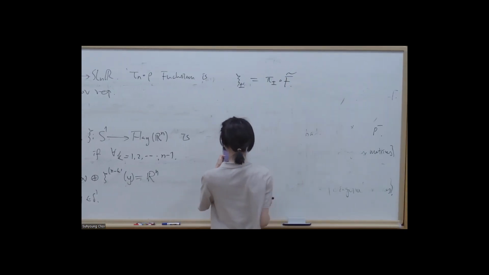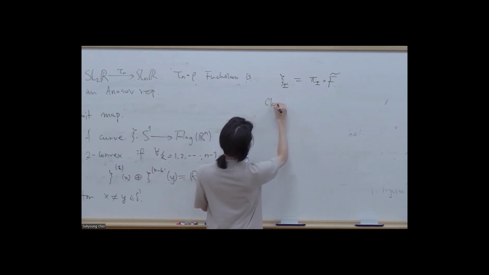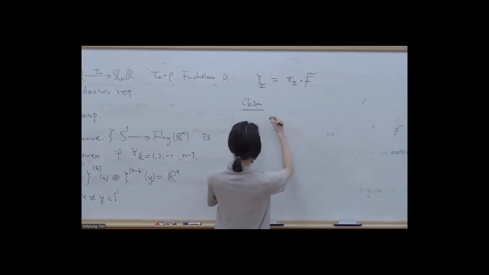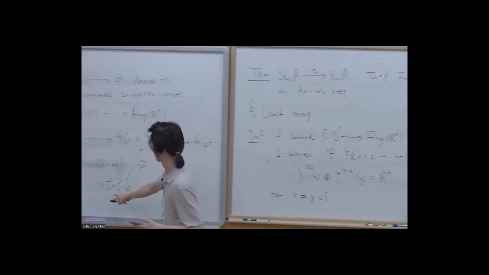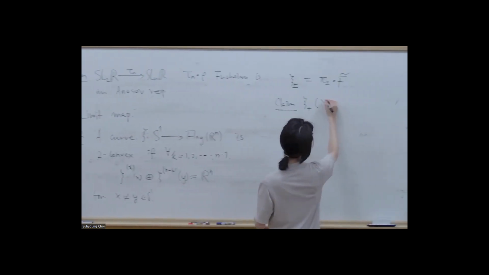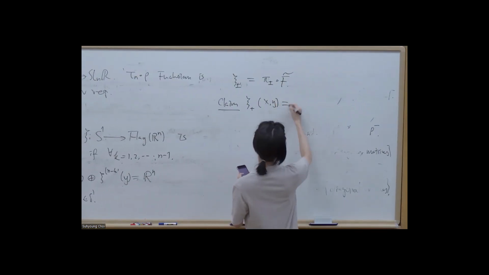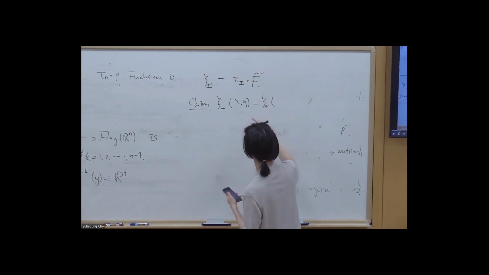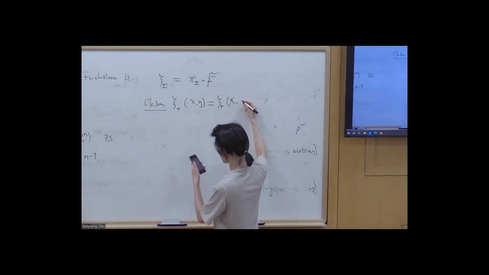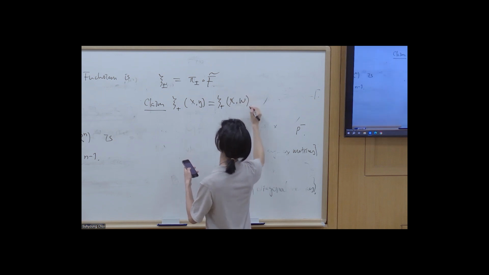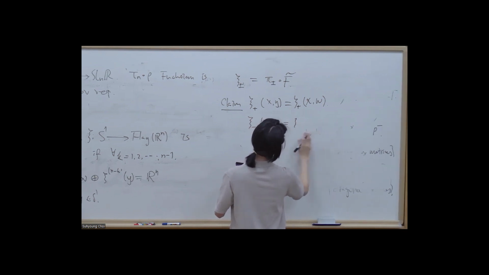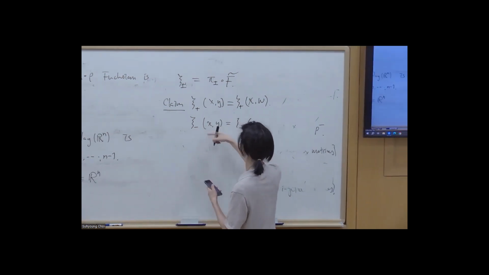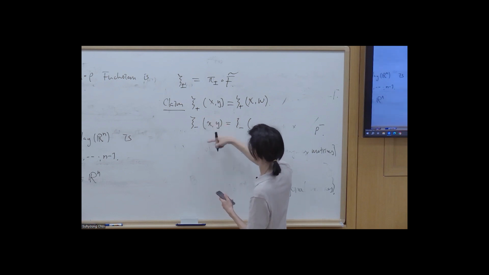Good. And we claim that this plus has two arguments, x and y, but it is independent of the second argument. That's basically the claim. And if you look at the minus part, it doesn't change when you vary the first argument.